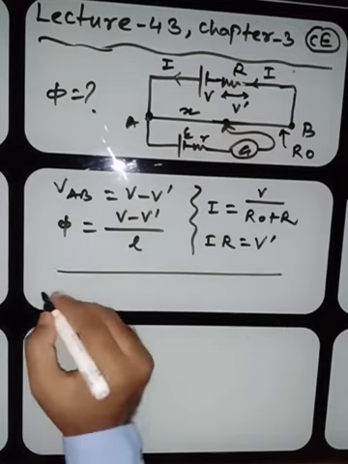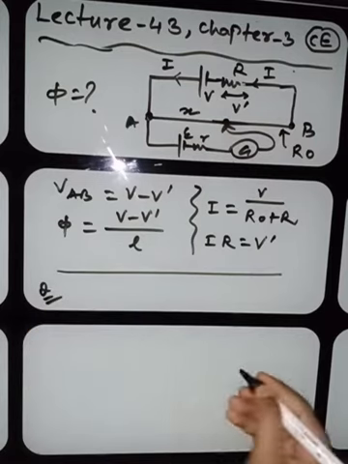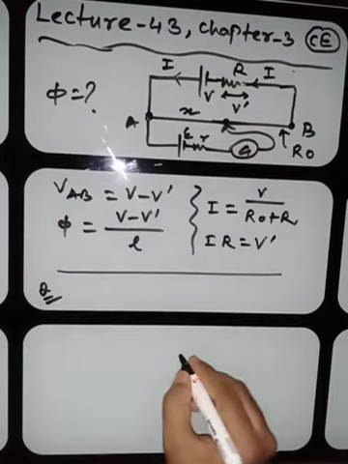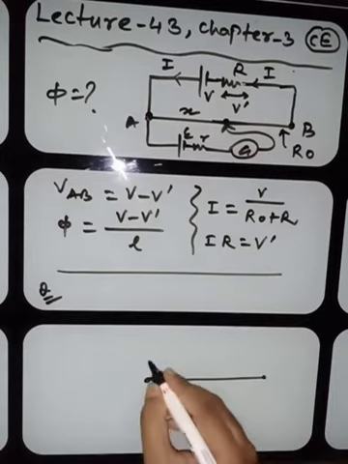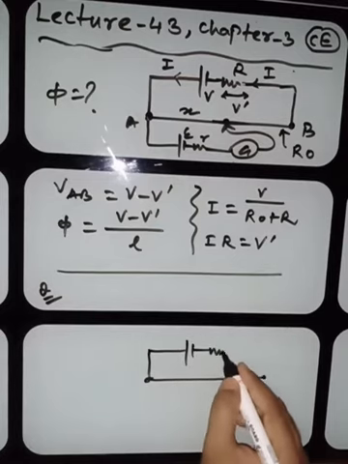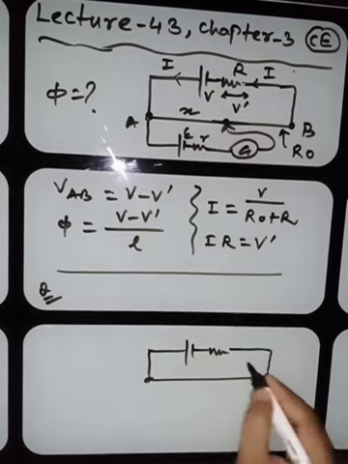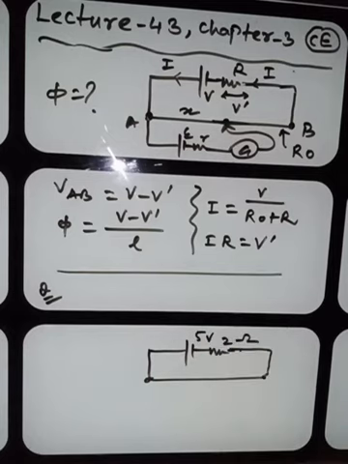Let me do a very simple question on the basis of this one. Look here. This is the potentiometer wire. A battery is connected with a resistance. Suppose 5 volt, 2 ohm.